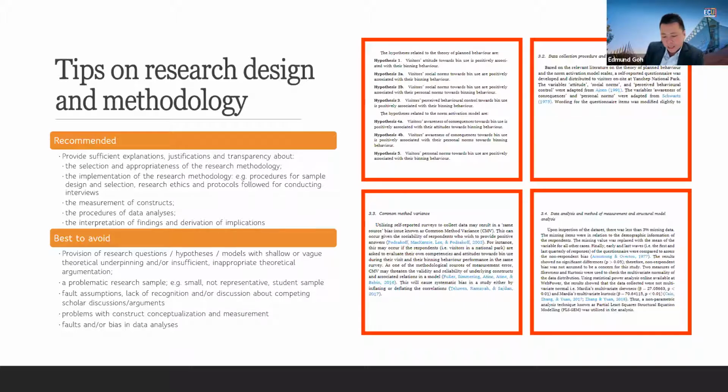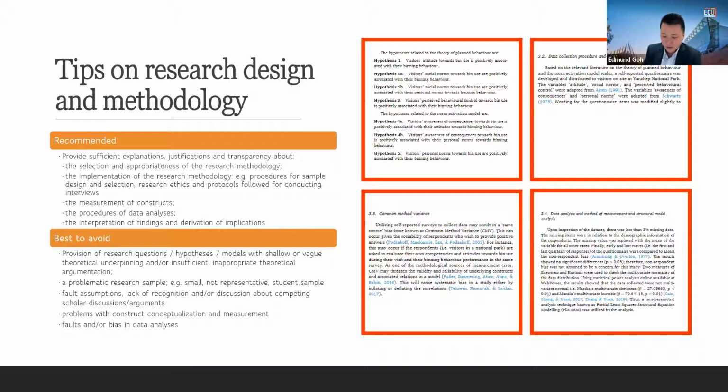The other thing we also look at is whether the submission actually provides evidence of a rigorous research design, when there is sufficient information there. Justification and transparency. Transparency is a big thing, because the more you tell us, the more transparent you are about your methods, the less guessing is involved.